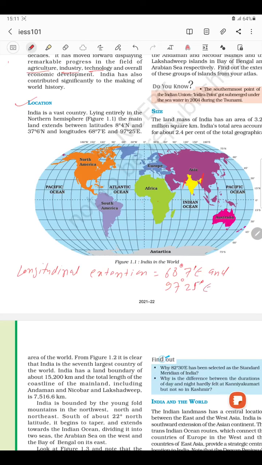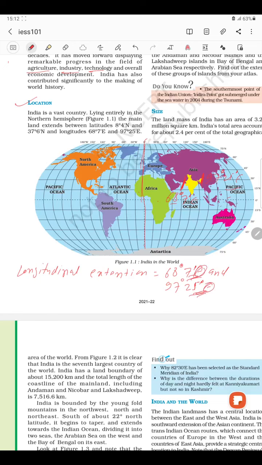That means this portion is 68 degree 7 minute east, and this portion is 97 degree 25 minute east. Both are in east, that means on the right side of the prime meridian. This is the prime meridian, 0 degree longitude.